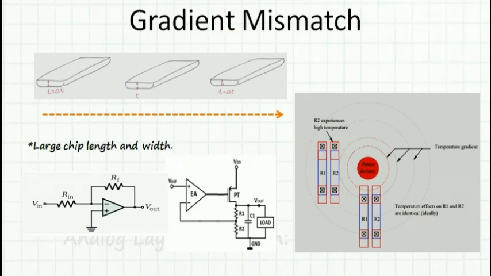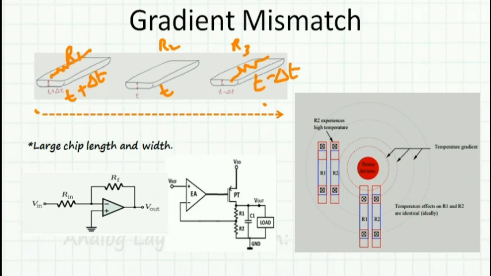So how do I minimize this gradient mismatch is the question. For example, I have a gradient from this corner to this corner, and I have three resistors R1, R2, R3, all of same value, but because of the gradient, this has a thickness of T, this has T plus delta T, and this has T minus delta T. Obviously, the resistance of this is much higher compared to the resistance of this.